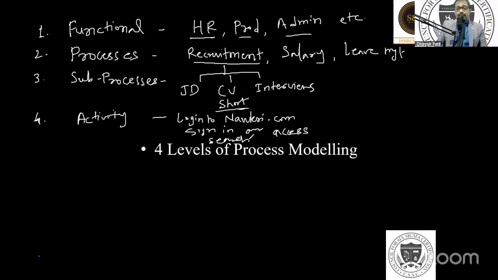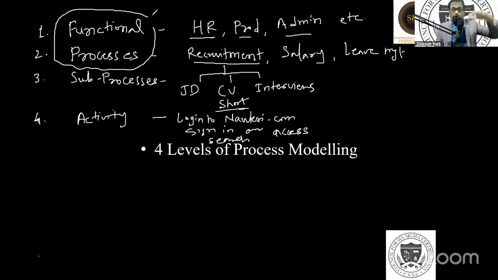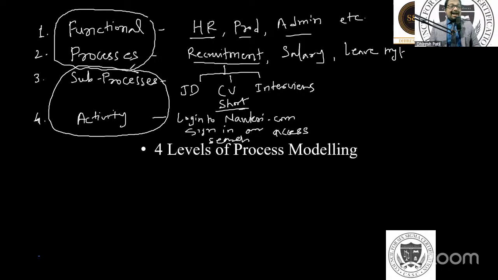The departmental purpose analysis which I spoke about earlier comes at the functional level. Sometimes it is done on the process level as well, on the top level. But if you want to do a detailed value added and non-value added VA-NVA analysis, we have to target these two, sub-processes and activities.